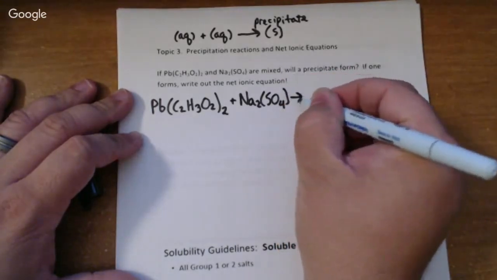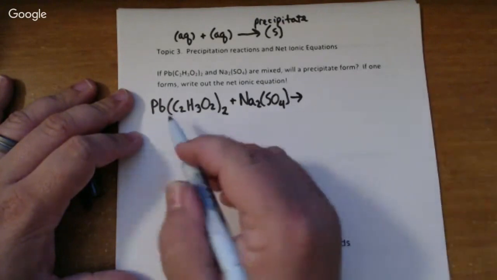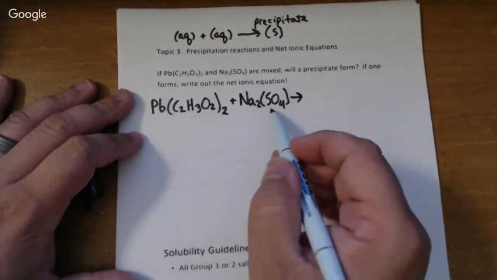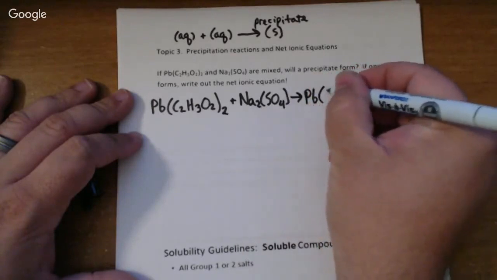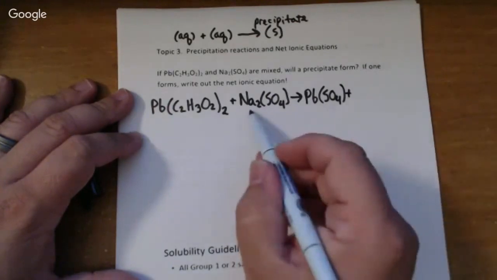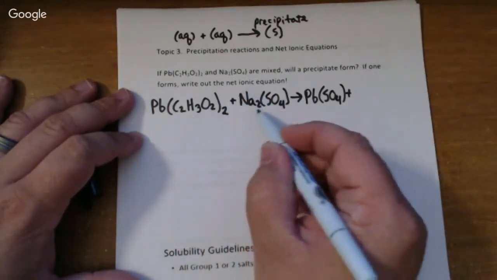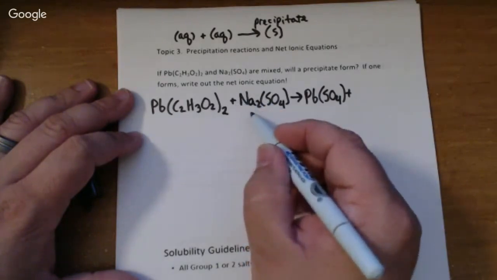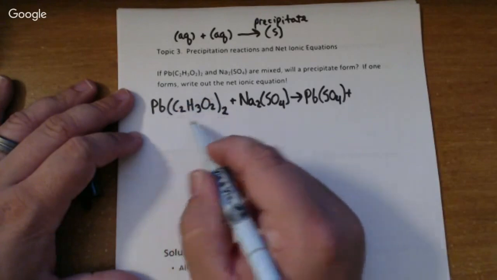It's going to go to, let's see, these are going to flip. So my Pb is going to be paired with my SO4. And I've got 2 Na's and 2 acetates. Each sodium, this is in group 1 on the periodic table, so it has a +1 charge. Each C2H3O2, this is an acetate.